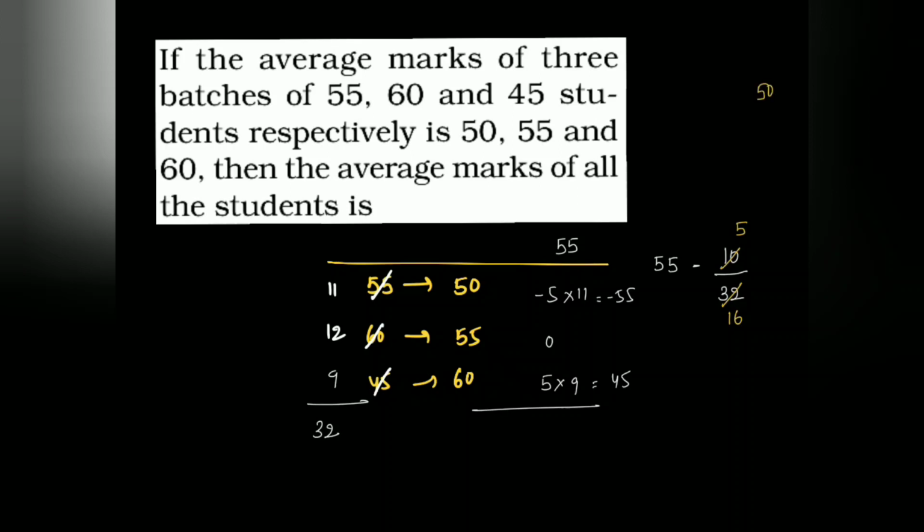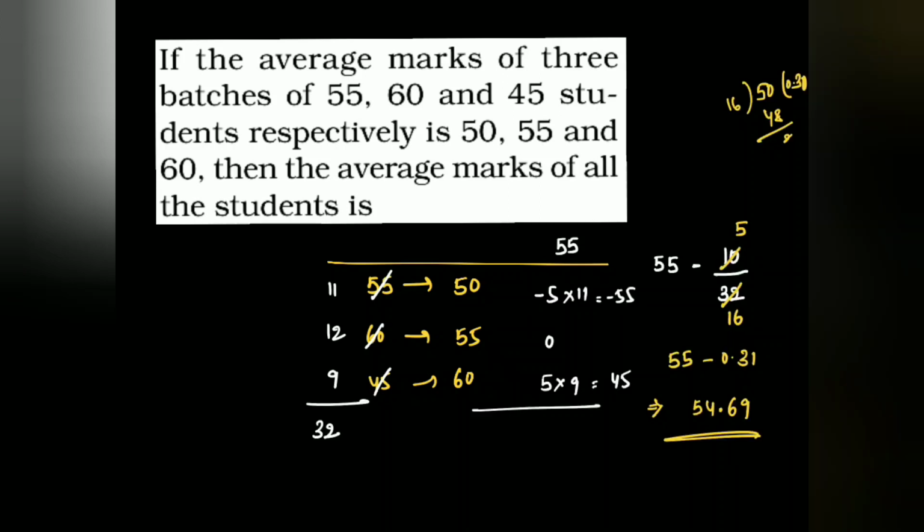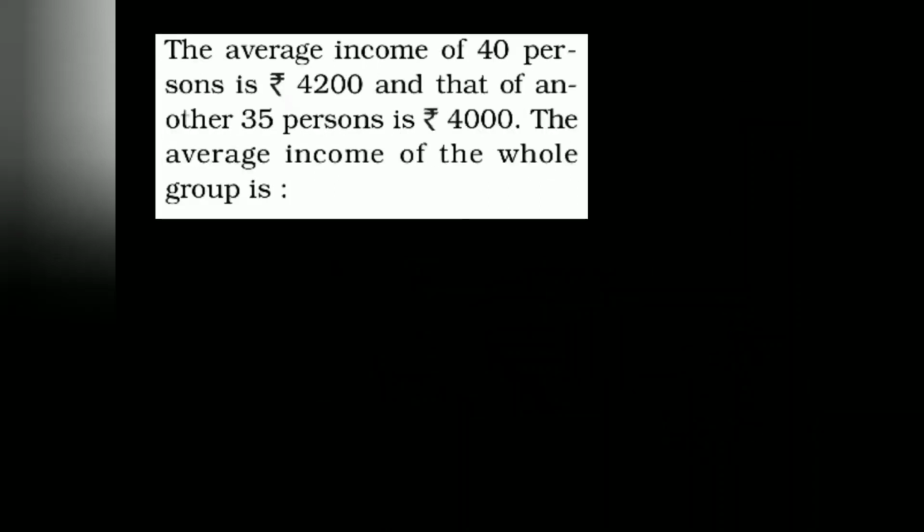So if I take 5 by 16, just find it up to 2 digits. 0.31. 55 minus 0.31 is going to be 54.69 nearly.